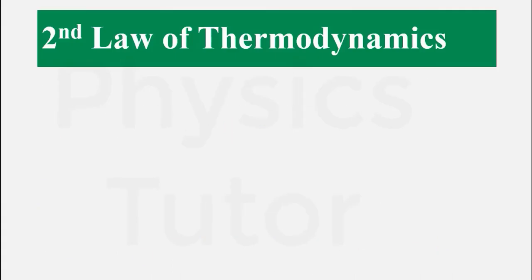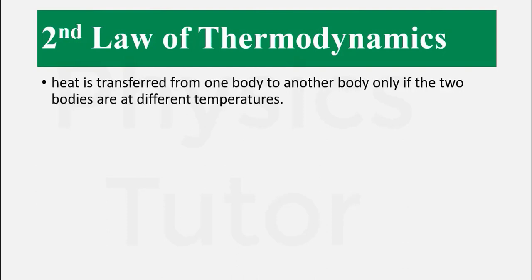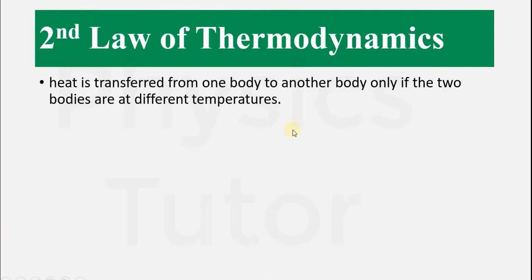The second law of thermodynamics tells us that heat is transferred from one body to another only if the two bodies are at different temperatures. In simple words, the second law tells us about heat and change in heat. So for heat to change, one level should be high and the other low.